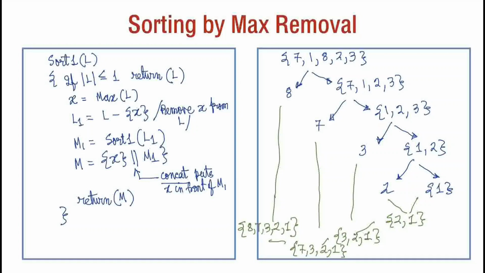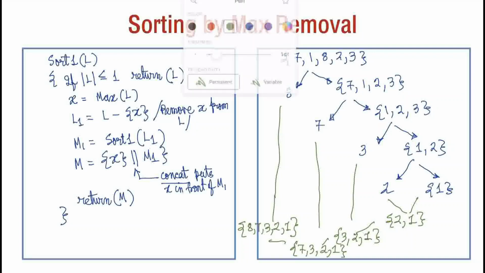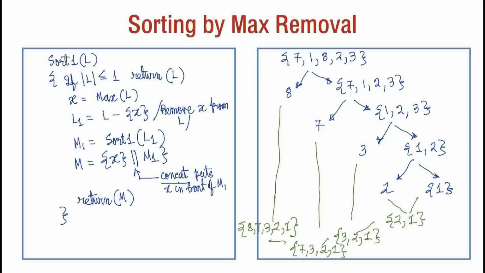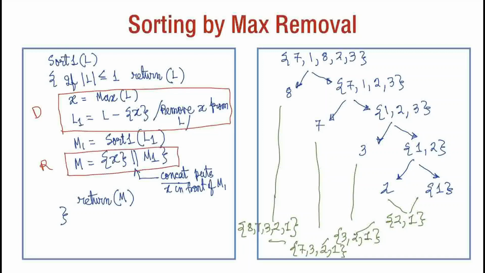You will notice that this concatenation operator, so our decomposition operator, what is our decomposition operator here? Our decomposition operator is this part. This is our decomposition operator, D. This is our recomposition operator, R. And this is our recursive call in between. And as you can see, our normal mechanism of the decomposition operator, to find the maximum of n elements, takes order n time.